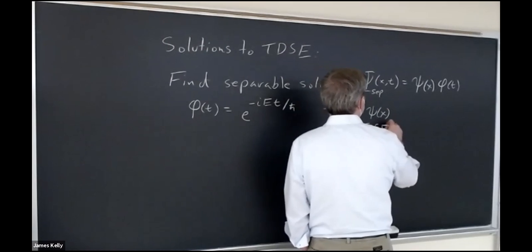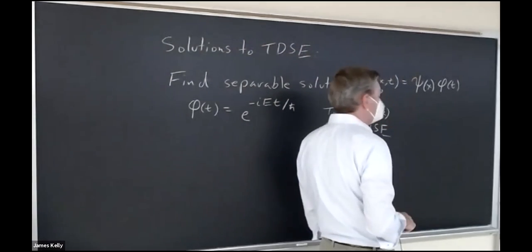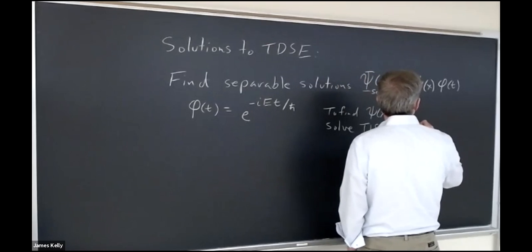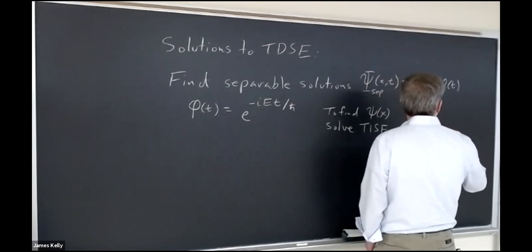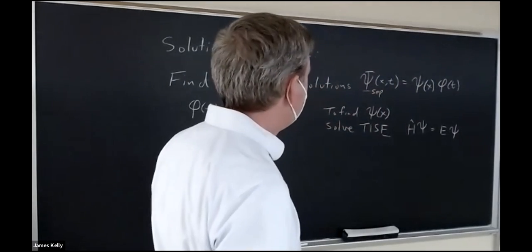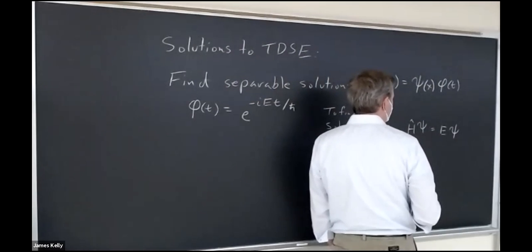I call that the TISE because it's kind of a pain to write it all. And the time-independent Schrodinger equation says essentially the Hamiltonian operator acting on that function psi of x has to equal a constant times that same psi of x back again. And so the Hamiltonian is p squared over 2m plus V of x.